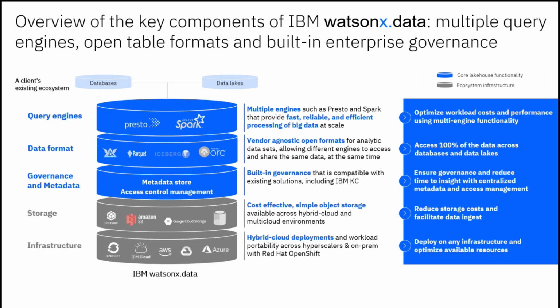And something I haven't mentioned is the reduced cost in storage because it's using object storage, and then the open format allowing the different engines to access just a single copy of data.